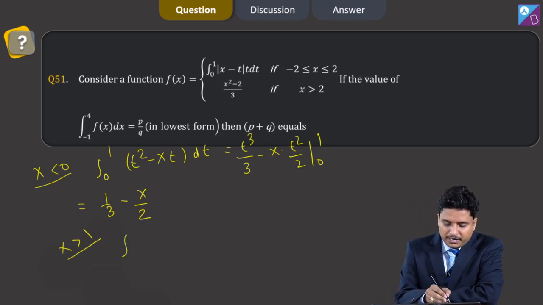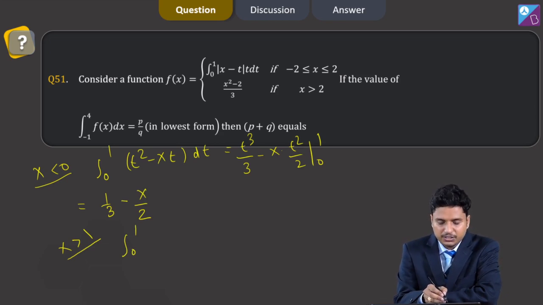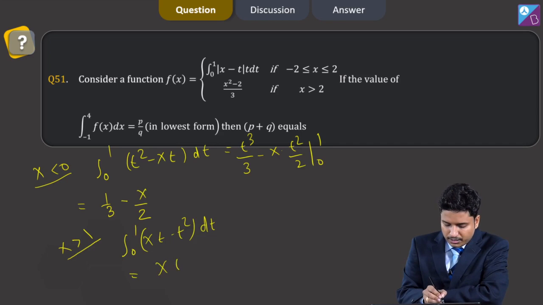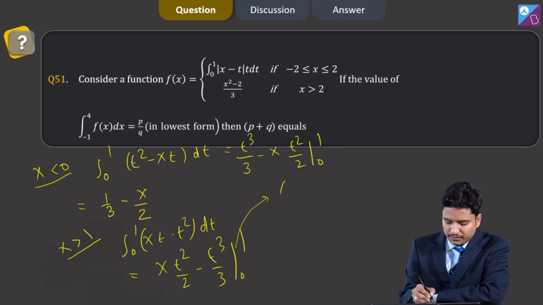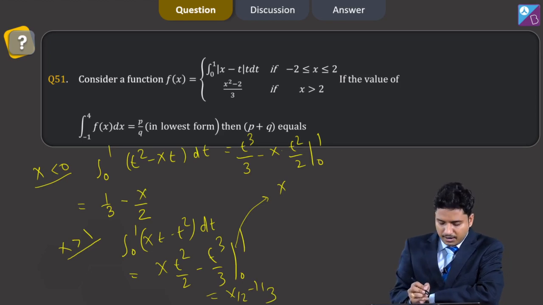So it will be integration from 0 to 1, and this time it will be xt minus t square dt. So this will be equal to x into t square by 2 minus t cube by 3 from 0 to 1. In this case it will be equal to x by 2 minus 1 by 3, for x greater than 1.